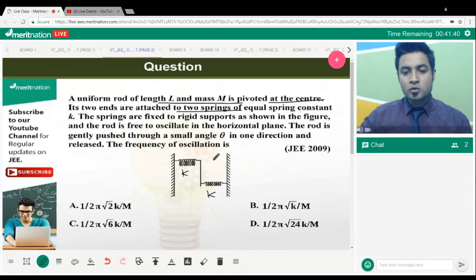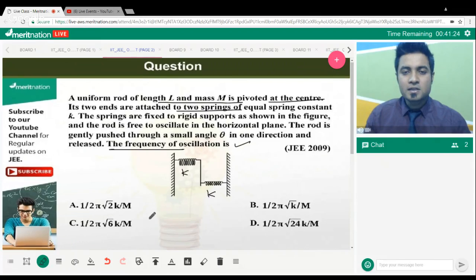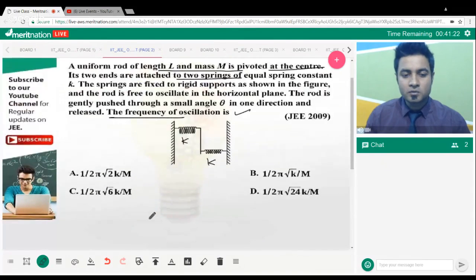We need to figure out the frequency of the oscillations here. There are two methods: the restoring force method and the energy method. I generally prefer the energy method because it's easy to write the energy equation, but you can opt for any method.